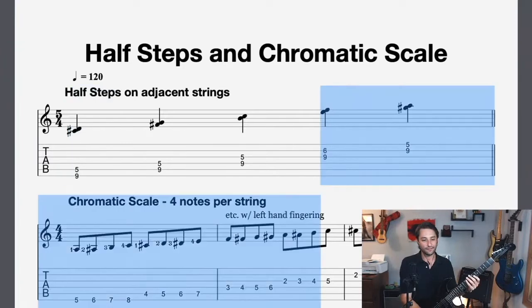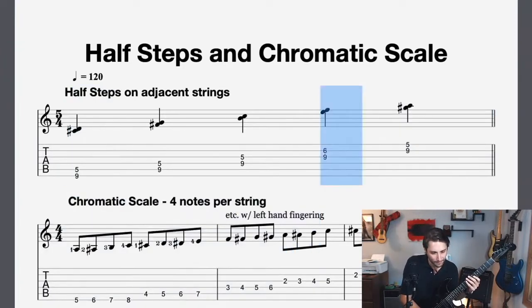When I get to the G string and the B string, we subtract 1 fret from our fingering. Where I had this 5 fret fingering, I now have a 4 fret fingering between the 6th fret and the 9th fret on the G string and the B string.